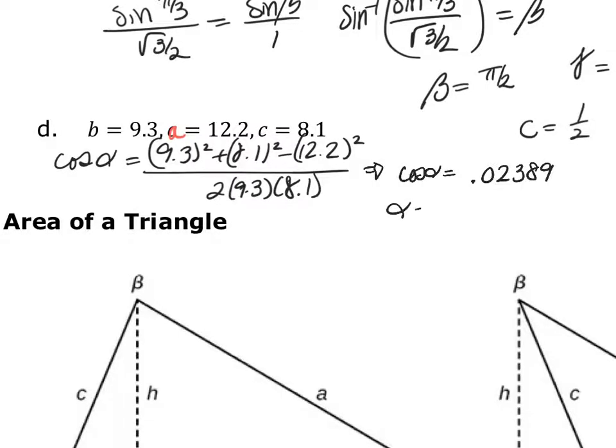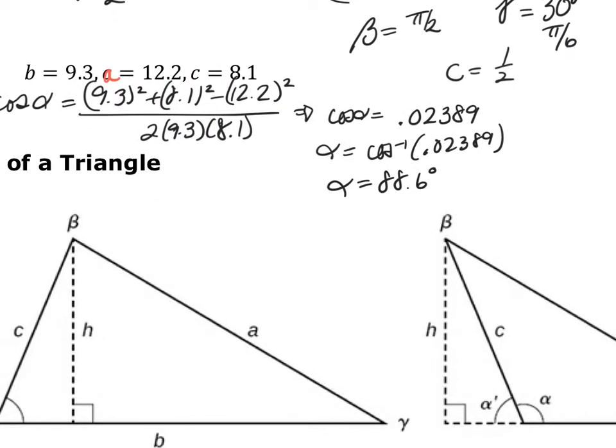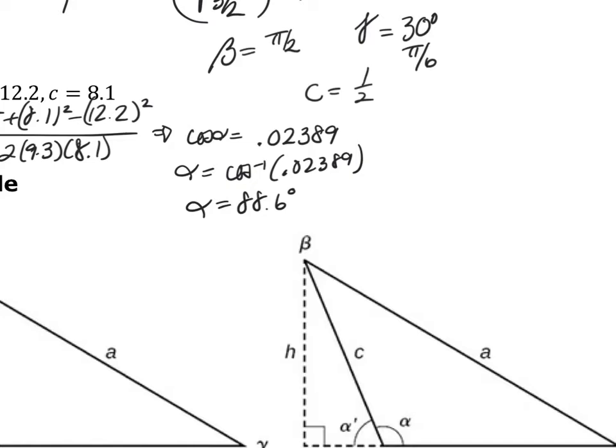So that means my alpha is the cosine inverse of that, 0.02389. So alpha is 88.63, so I'll do 88.6 degrees. If I already have one of the sides and one of the angles, I usually go right into the law of sines again. So I'm going to do the sine of 88.6 degrees over its side.